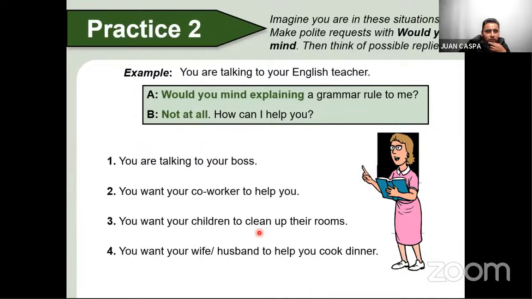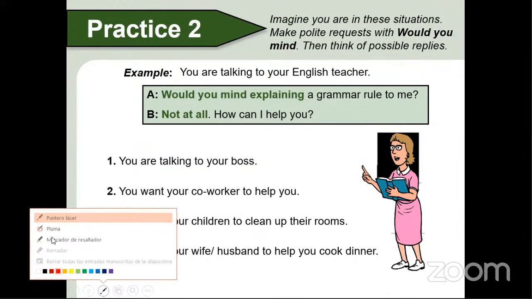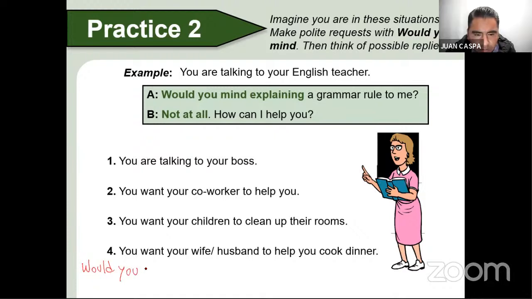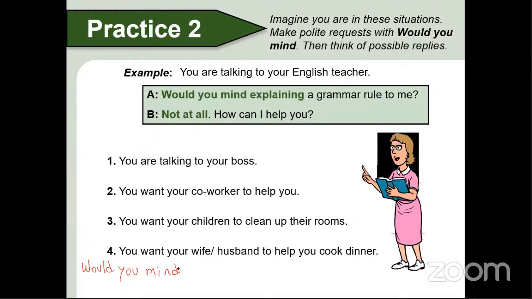Okay, Ernesto. Can I start? Yes. Sure. Which one? Which number? Number 4. Number 4, okay. I have a question. Is it right if I say, would you want to help me cook a dinner, please? Yeah, would you mind? Would you mind to help?